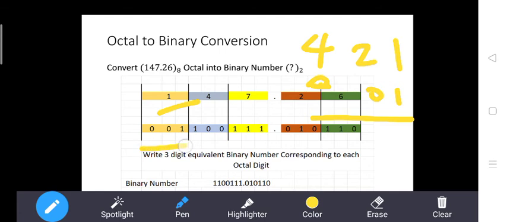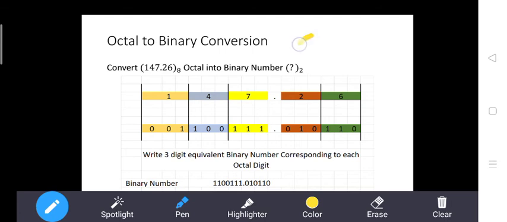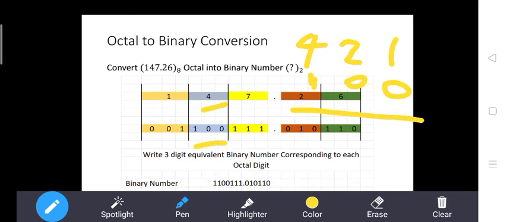Okay. Next, again same, 4 2 1. To make octal code 4, I need to add only 4 position. Remaining terms are 0. So my binary code is 100.